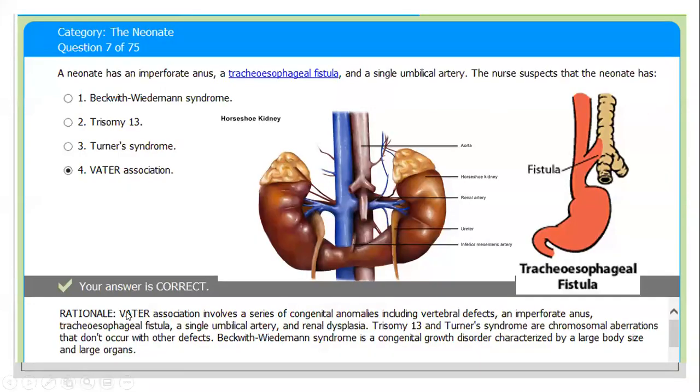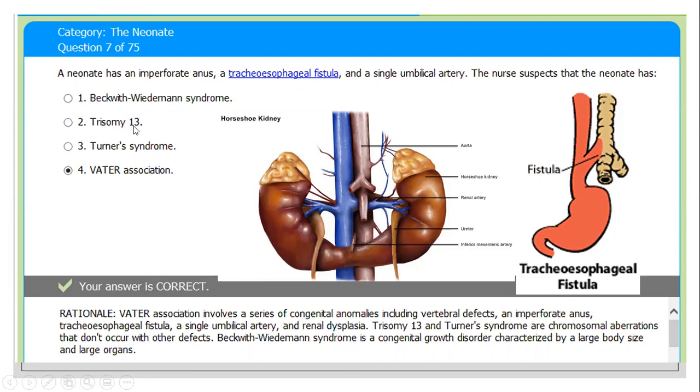So the rationale said a better association involves a series of congenital anomalies including vertebral defect, an imperforate anus, and tracheoesophageal fistula, and a single umbilical artery. Also, renal dysplasia like horseshoe-shaped kidney.